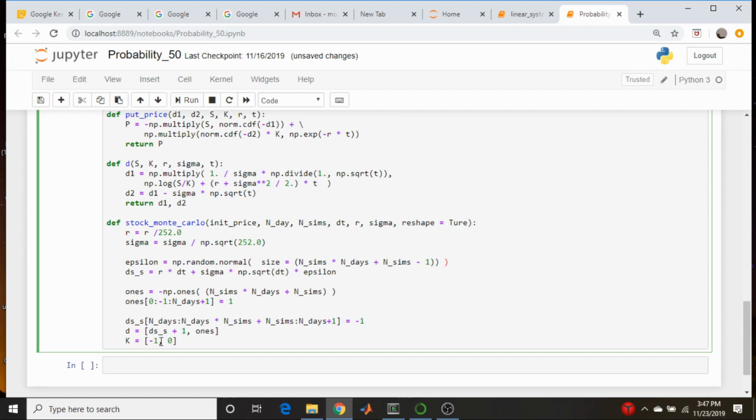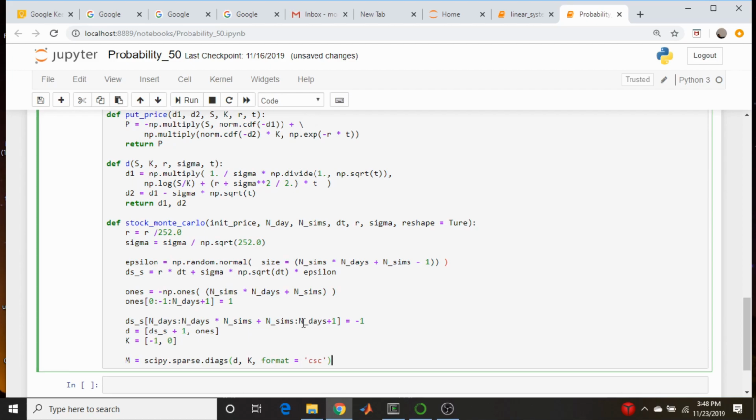So we're going to pass this in and tell the sparse function which diagonal is which. Now here we actually create the sparse diagonal matrix with the sparse diags command. Here's our vector that contains the diagonals, and here's the indexing element that tells which diagonal is which.